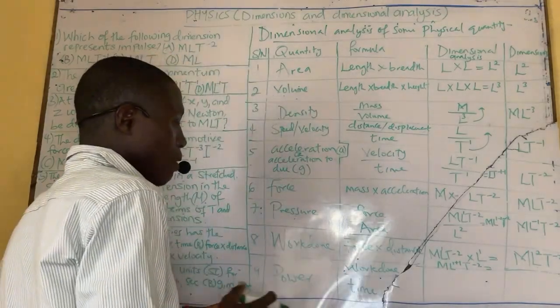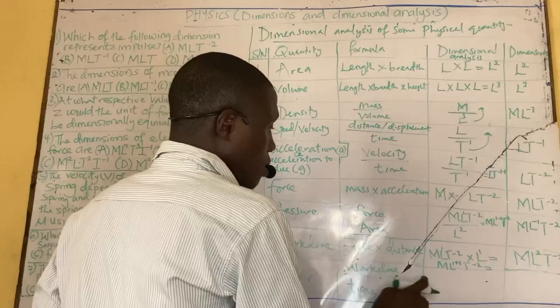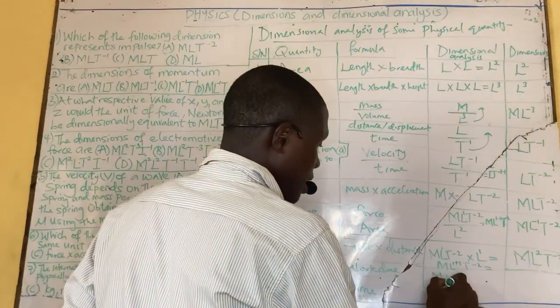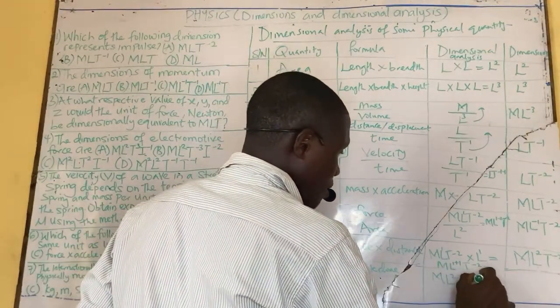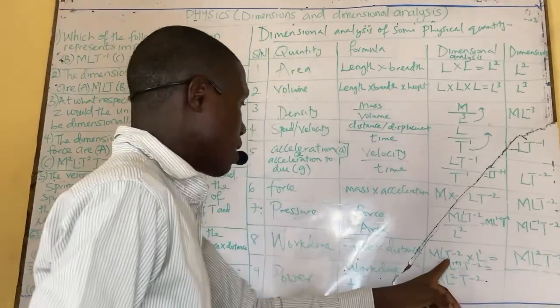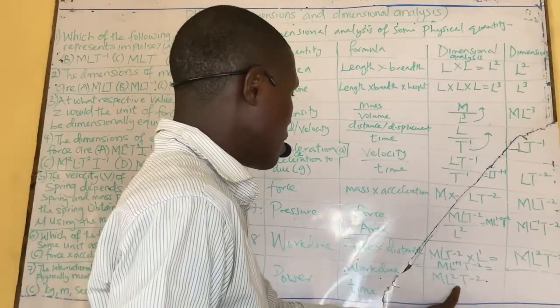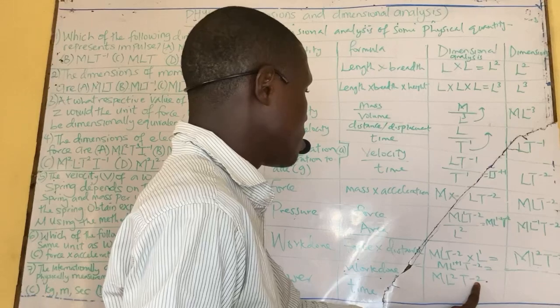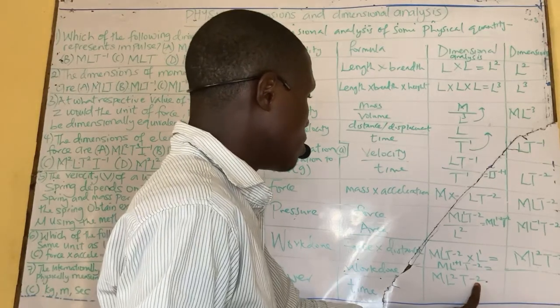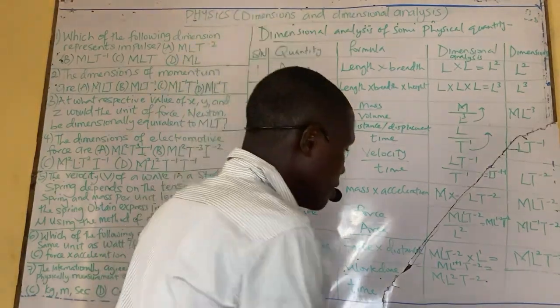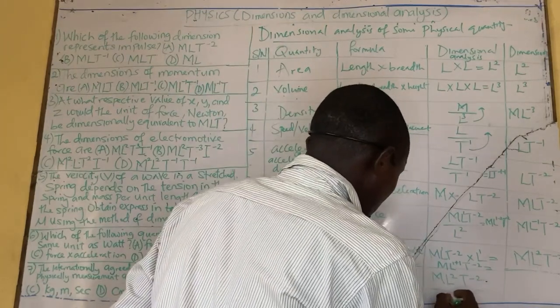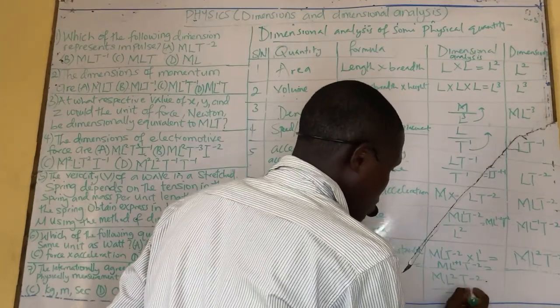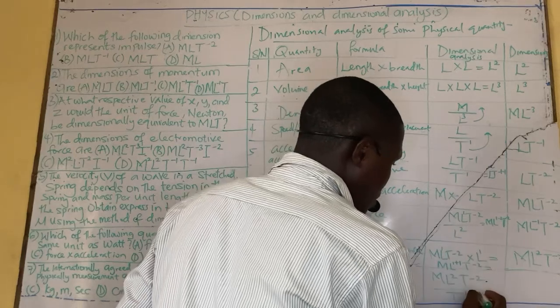So when we're talking about work done all over time, it has to do with M L squared T raised to power minus 2. We can see that the work done that we get here is M L squared per T squared. Then from here, all over time, which is T. So meaning that this one will also go up, making it minus 1.